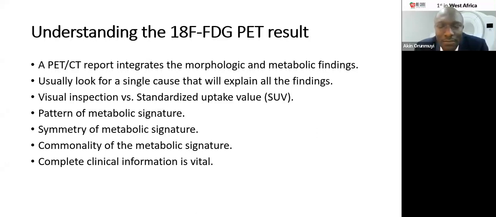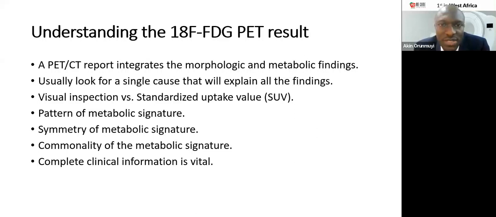diagnosis. But some people expect that you give an SUV. Among nuclear medicine physicians, we call it that silly useless value because it really doesn't mean much. It's a semi-quantitative measurement of glucose uptake per volume of tissue. So there's no absolute SUV value that's a cutoff for most disease.